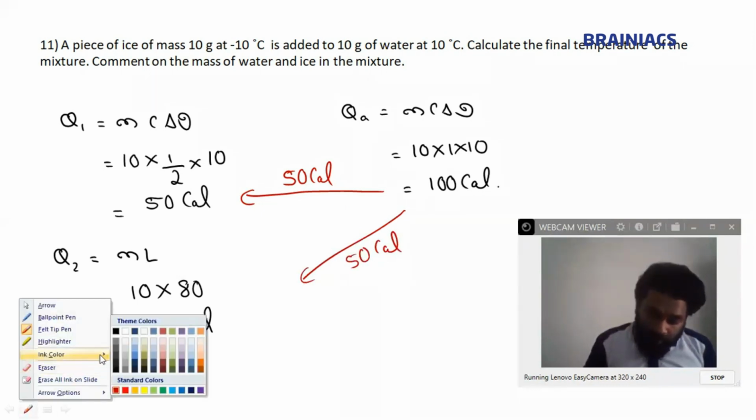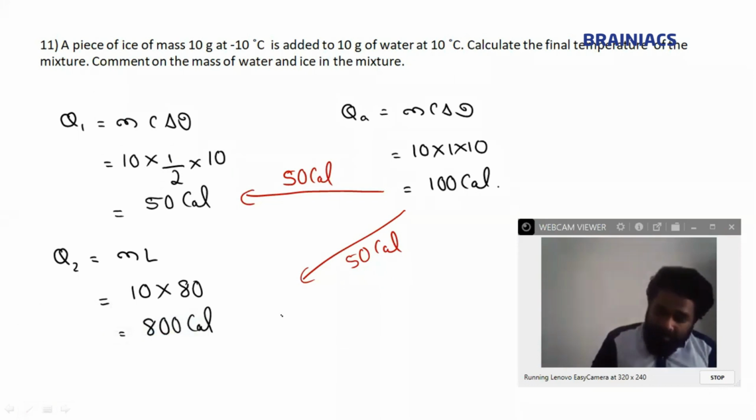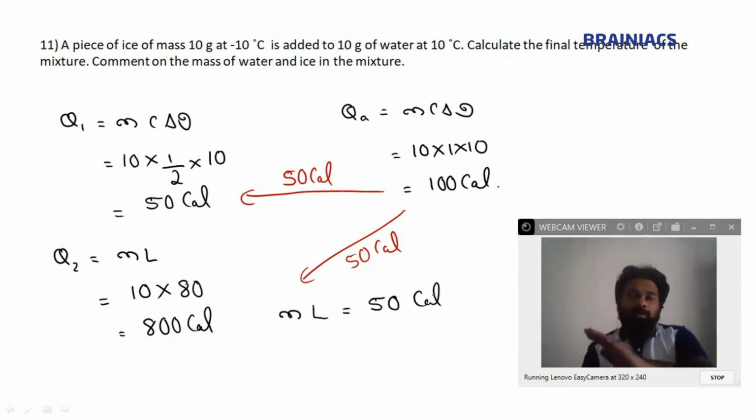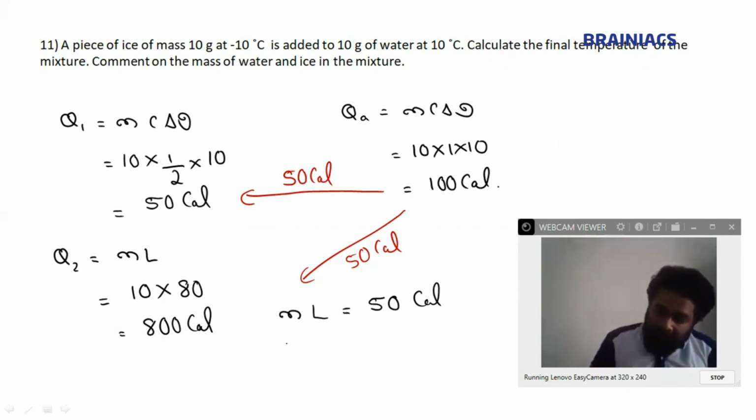So what we should do? We should do mass into ml is equal to how much is available from the other side. Full water, if it becomes 0 degree Celsius, 100 calorie will be released. 50 calorie will be utilized for ice to become ice at 0 degree Celsius. Remaining 50 calorie only available. With that much conversion of ice into water is possible. So ml is equal to 50 calorie.